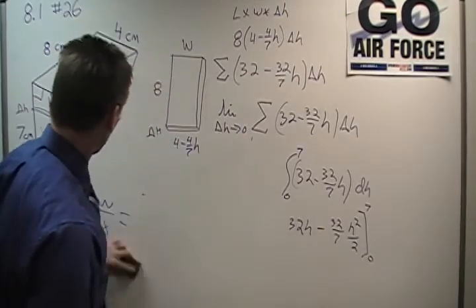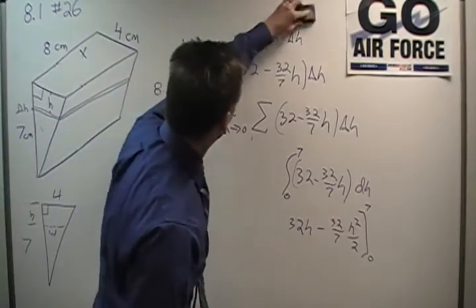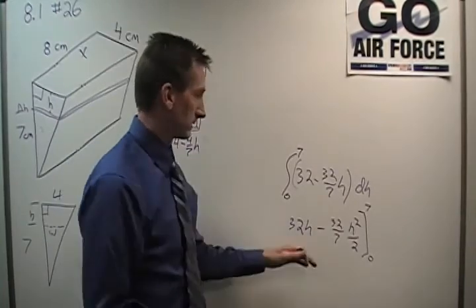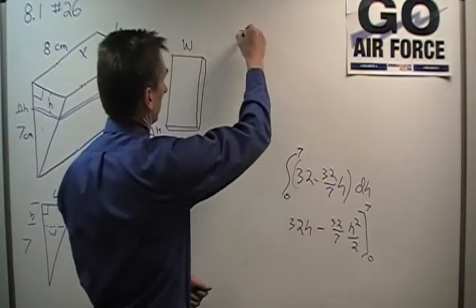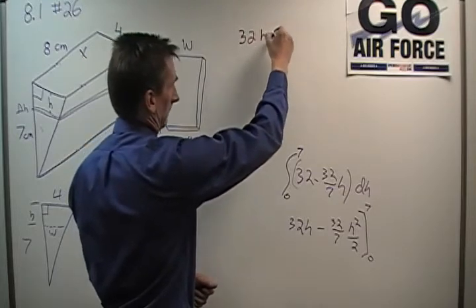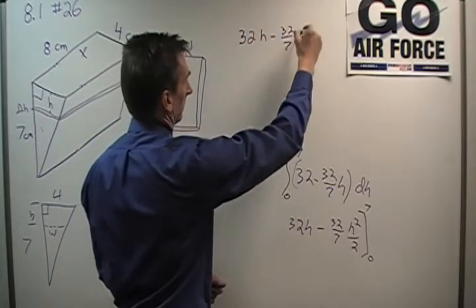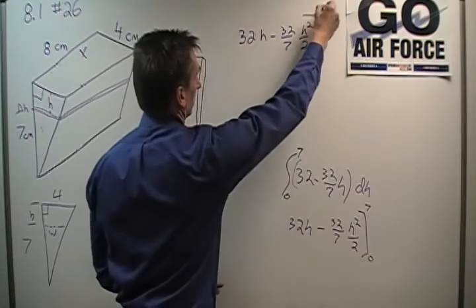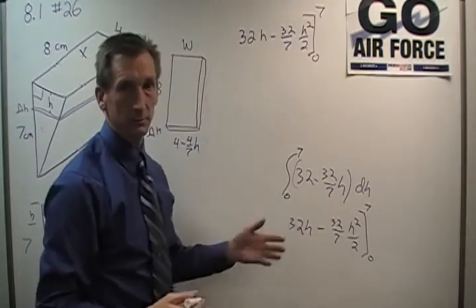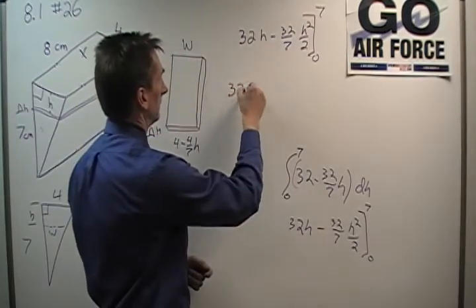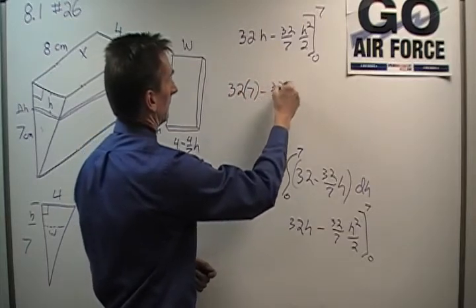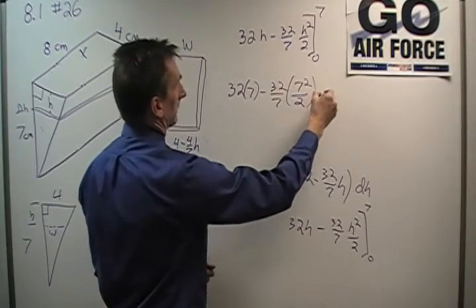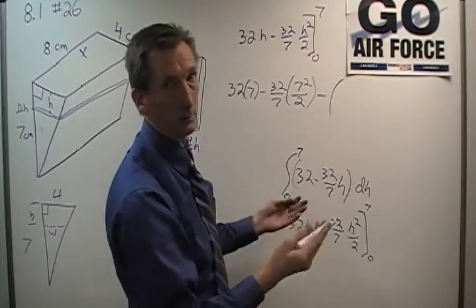Let's rewrite this function up here so we have room to work: 32h minus 32/7 h squared over 2 evaluated from 0 to 7. First of all we're going to throw 7 in that thing: 32 times 7 minus 32/7 times 7 squared over 2. And then we're going to subtract this whole thing evaluated at 0.